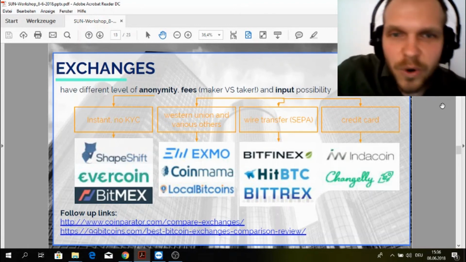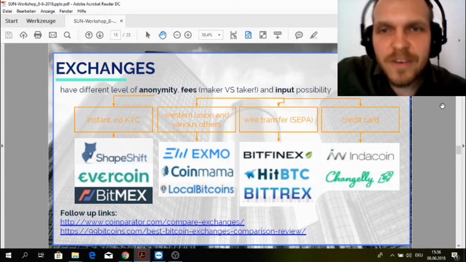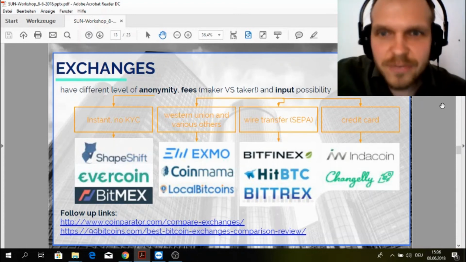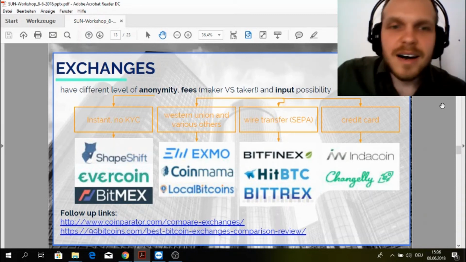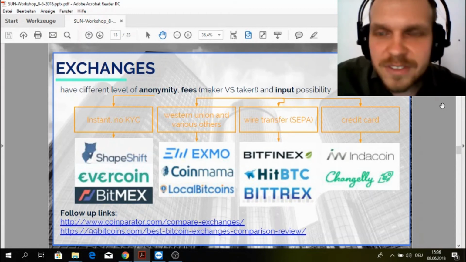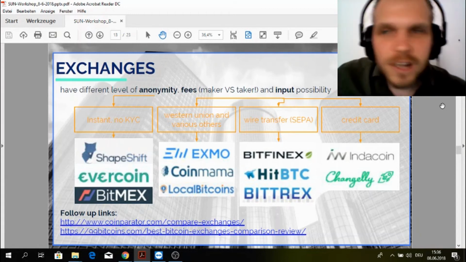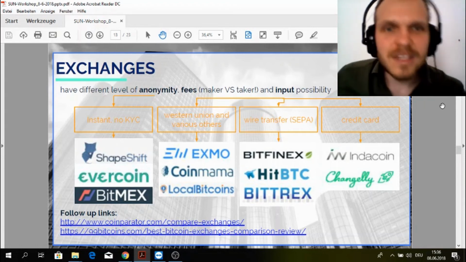In Exmo, CoinMama, you have Western Union plugins. If you want bank transfers, which are wire transfers, you can just use the biggest ones like Bittrex, Bitfinex, or HitBTC, for example. I don't advertise any of these exchanges, but these are the common ones, and in the group they are the ones which are okay to use.